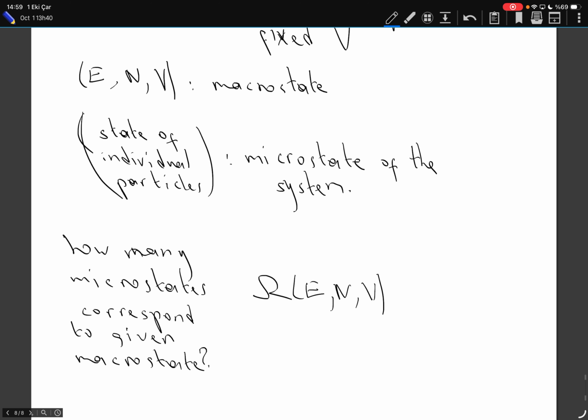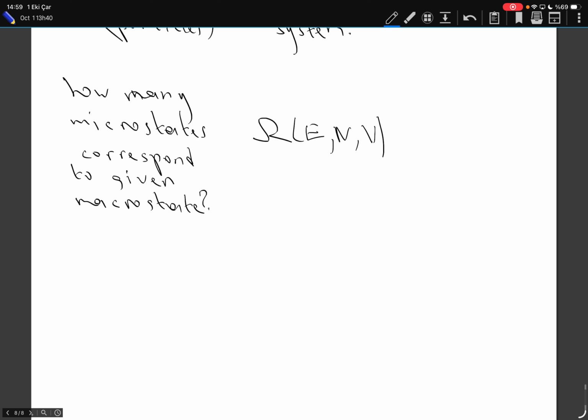Now, why are we interested in this one? Again, let me look at these two systems. System 1, system 2. One has energy E1, the other one has energy E2. Let me just assume N and V are fixed for both systems, so I will not write N and V as the arguments of omega.